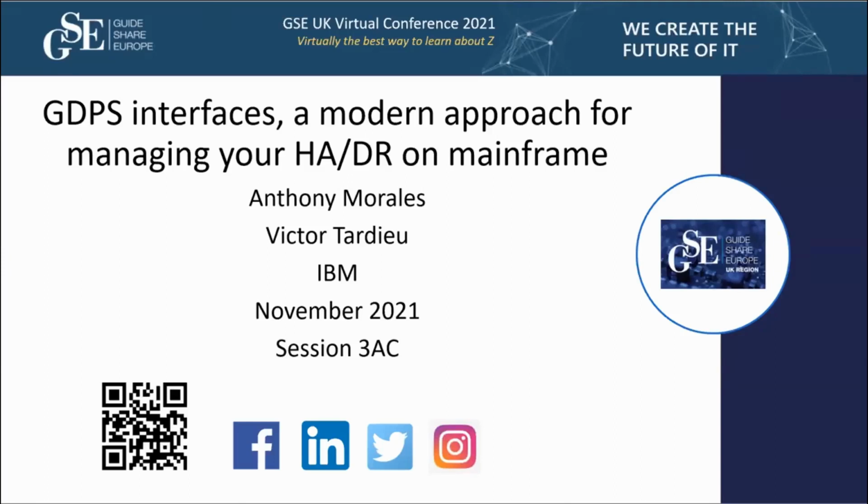So GDPS, which is a continuous availability and disaster recovery solution, can be managed manually with different types of user interface or programmatically with APIs. And we are going to take a deep dive into this interface.